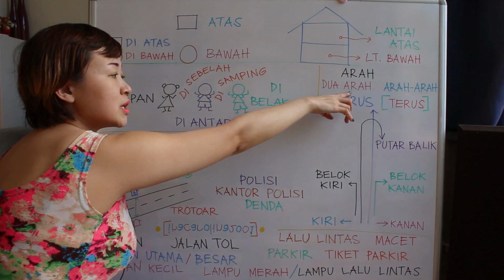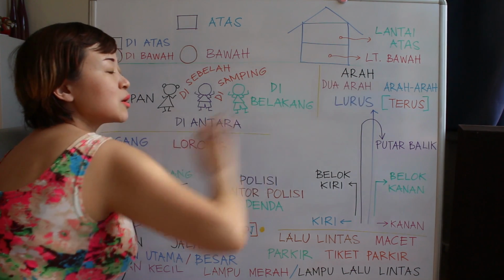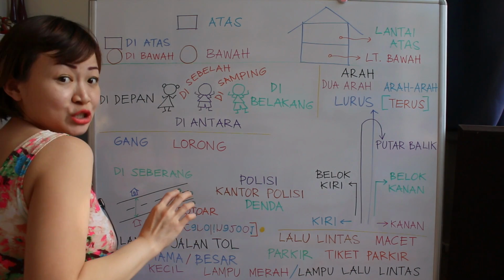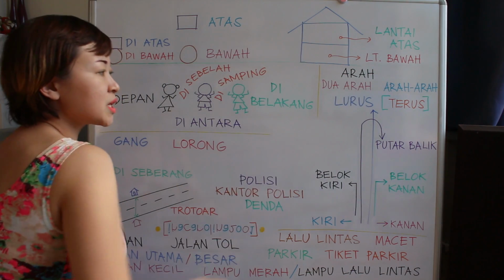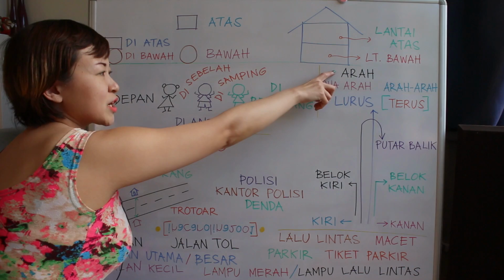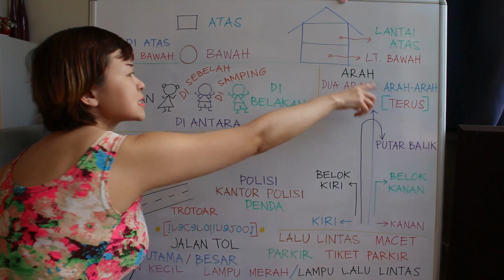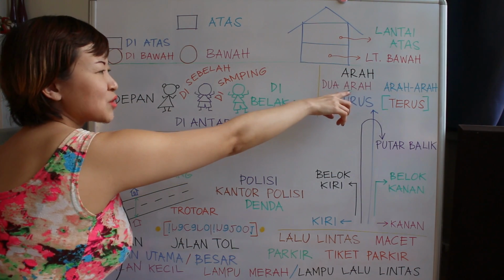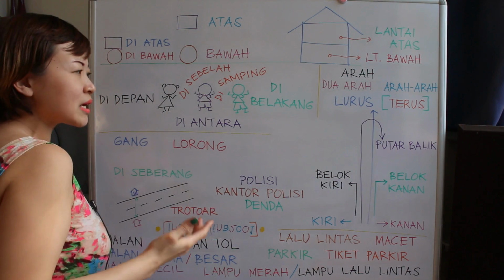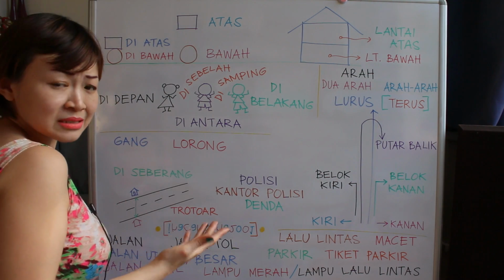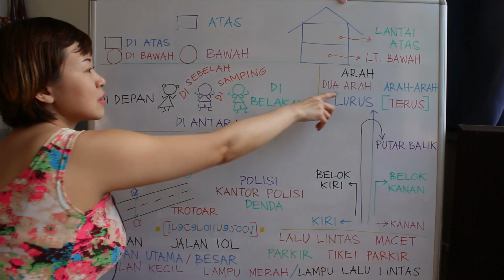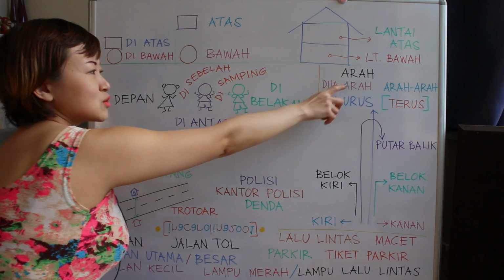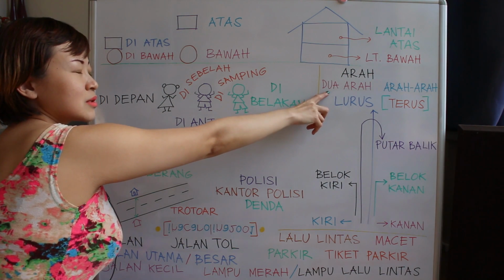If we don't put the number, we use the plural version, which is repeating the word. Even though in English it's two directions, in Indonesian it's two direction, because you already put the number here.